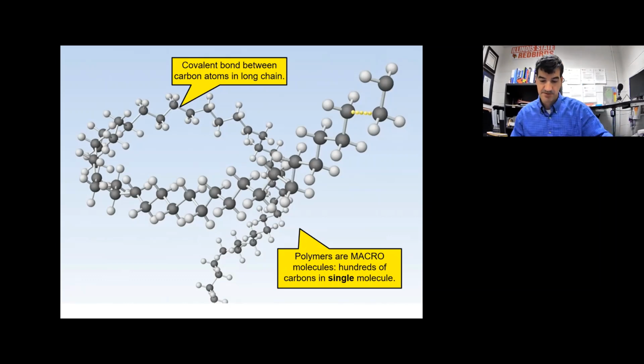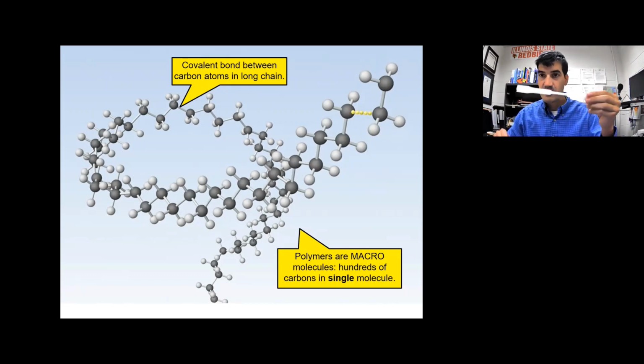Here's a couple of examples. If I take one of these, this is a polymer, and if you zoom in close enough, you would see that it's just long molecules that are kind of thrown together, kind of like a bowl of spaghetti. And then as you're pulling it apart, what you're doing is you're kind of untangling that bowl of spaghetti.